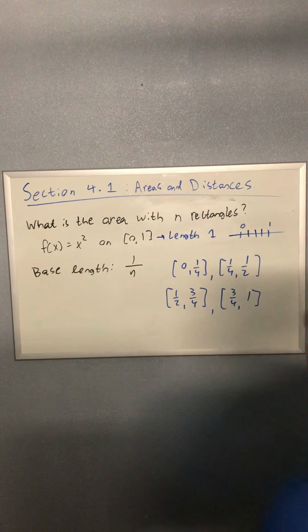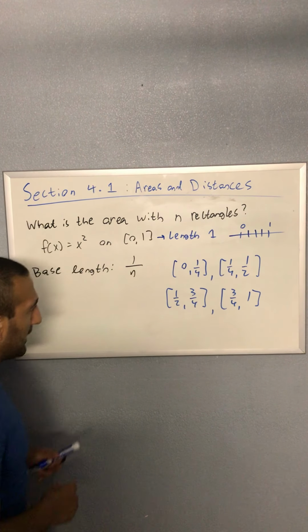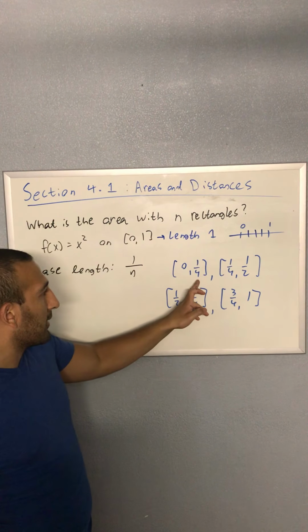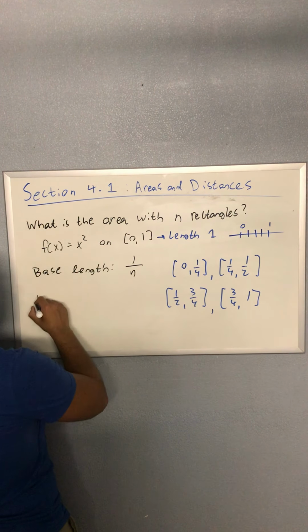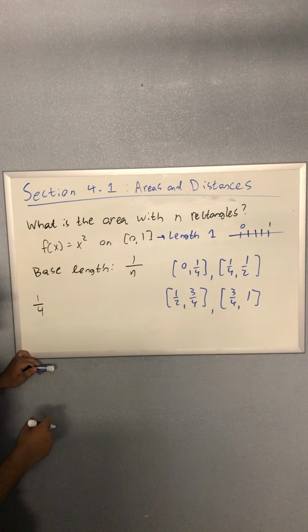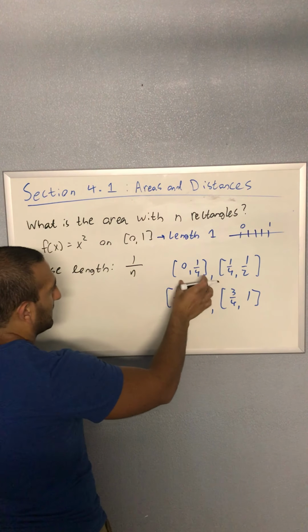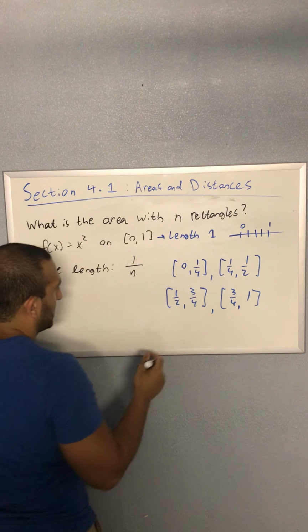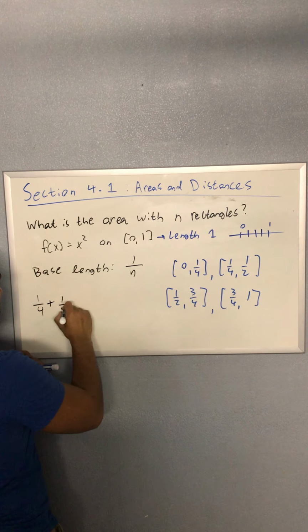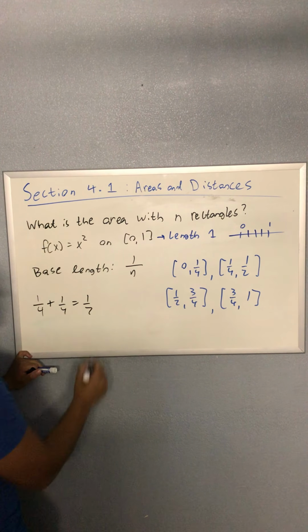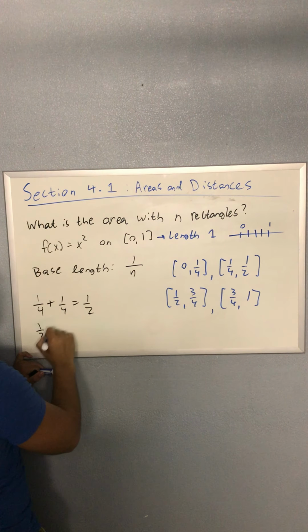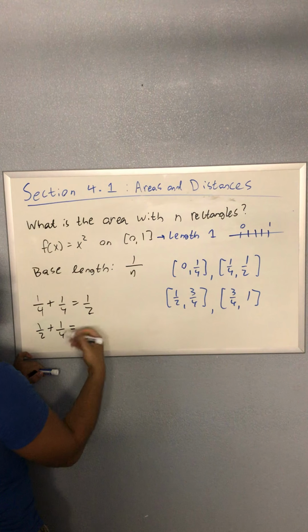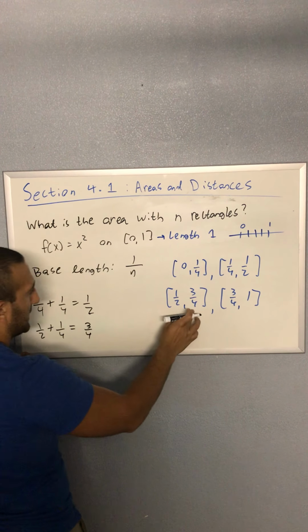But notice that if we take this point here, 1/4, that's our first point, and we add the width of each of these intervals, which is 1/4, we get to 1/2. So we get to this point. And then if we take 1/2 and add 1/4 again, we get to 3/4, which is that point.